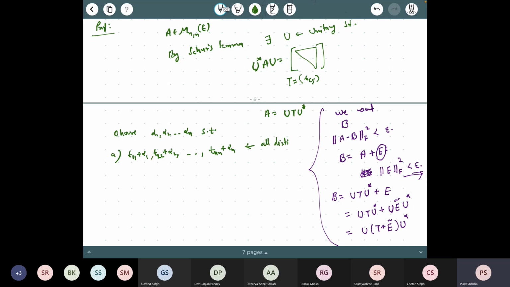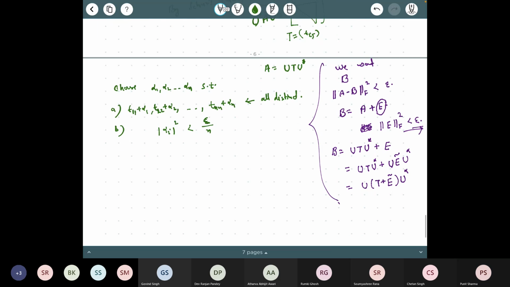And the second condition you can impose is that the modulus of alpha i squared should be less than epsilon by n. This second condition will ensure that the norm of E is less than epsilon. Then you can set a matrix E, which is alpha 1 to alpha n. This is diagonal.